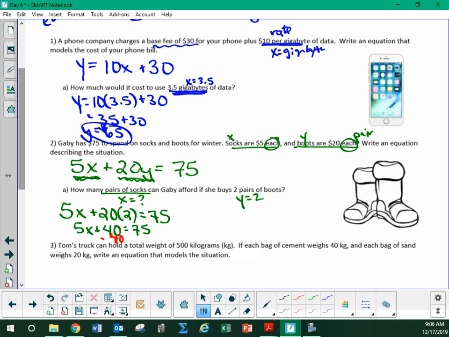We subtract 40 from both sides and get 35. So 5x equals 35. Divide by 5, and x is 7. What does x represent? Socks, so she's able to buy 7 pairs of socks.